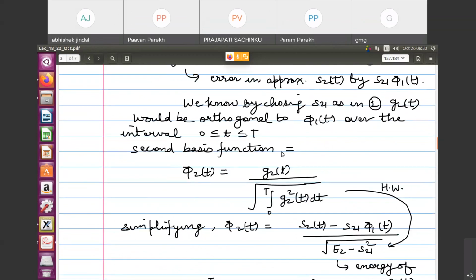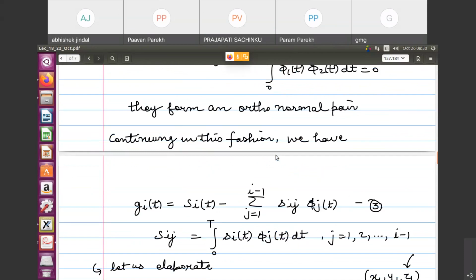And we found that if we are given capital M functions over a time interval of 0 to T, you can find capital N functions which are orthogonal to each other and have unit norm.